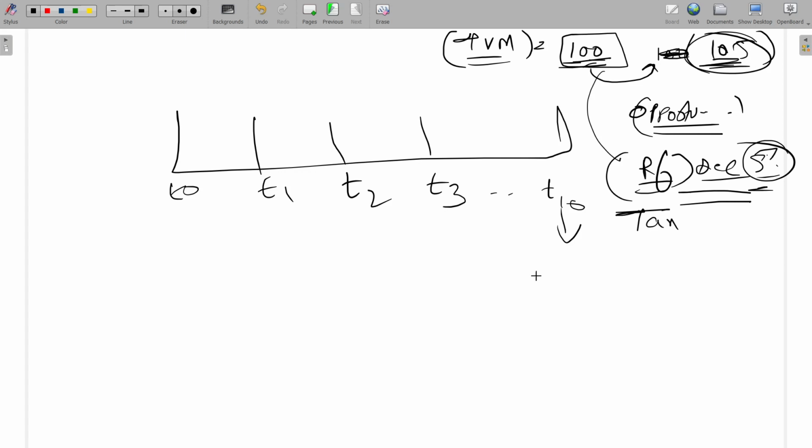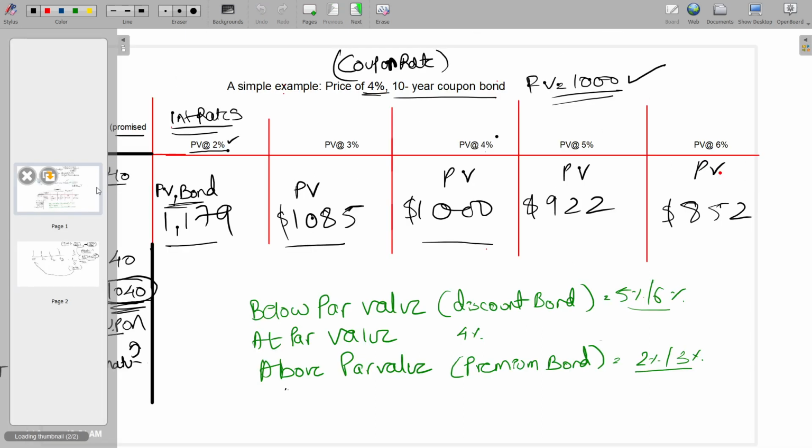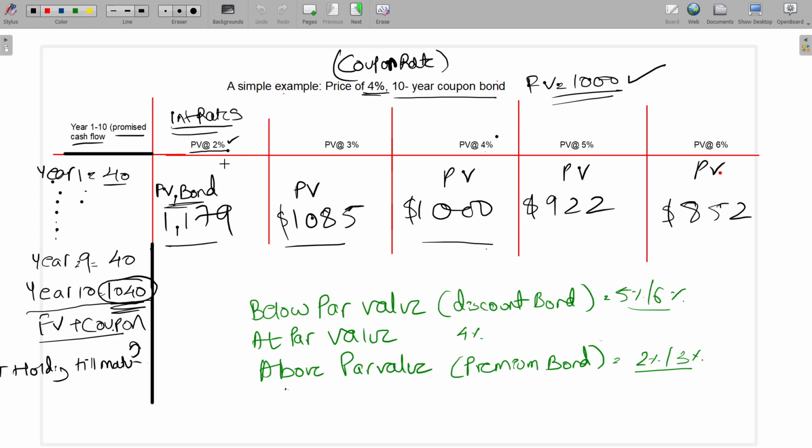I know that here I'm going to receive 1040, that is the face value plus the coupon, but I need to know the present value today of this bond. That is what I have calculated here, the present value of the bond.